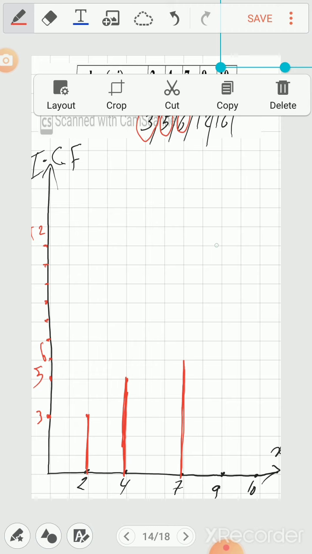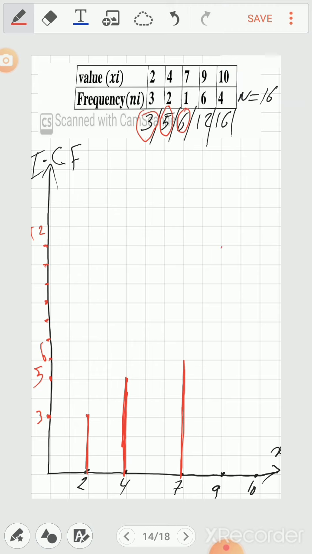Here is the bar at 9. The bar at 10 is 16, 12, 13, 14, 15, 16. Here is 16.